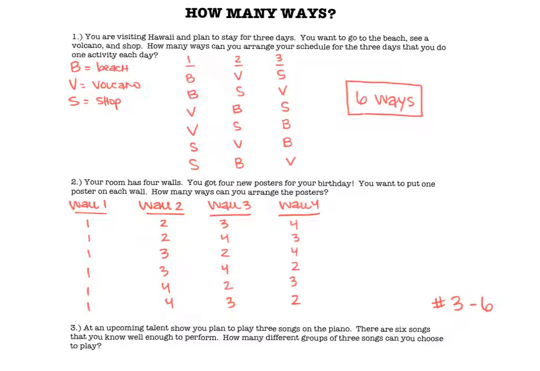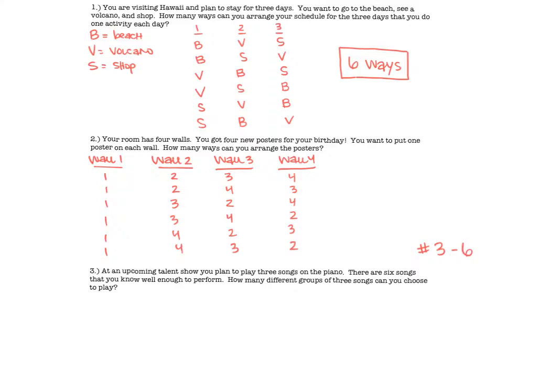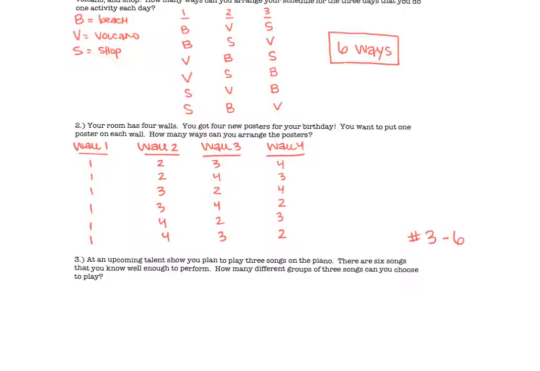The last hint I'm going to give you is that on number 3, you need to pay attention to the fact that it asks you that in an upcoming talent show, you plan to play 3 songs on the piano. There are 6 songs that you know well enough to perform. How many different groups of 3 songs can you choose to play? Well, think here.